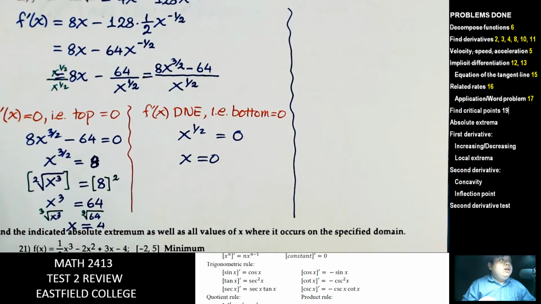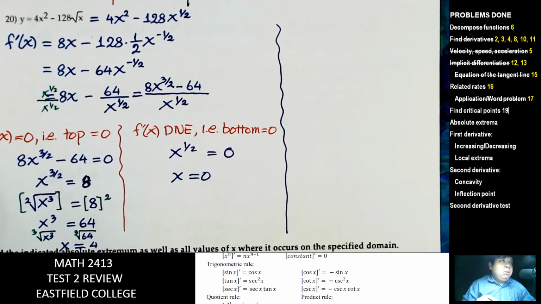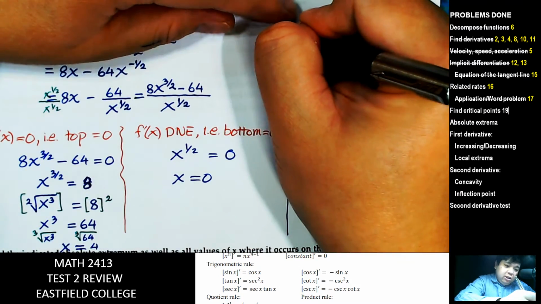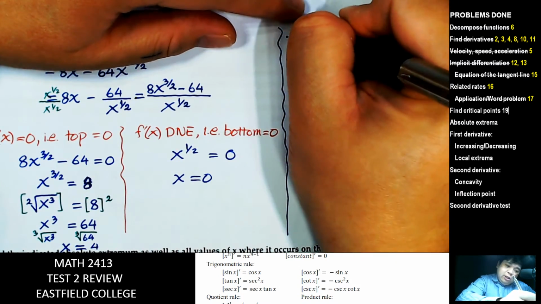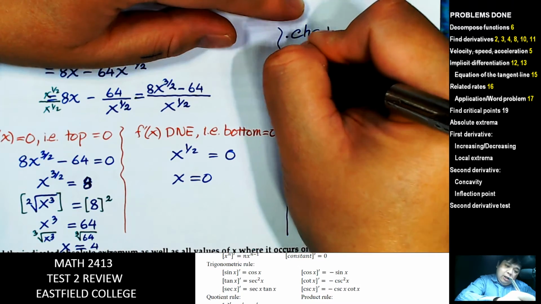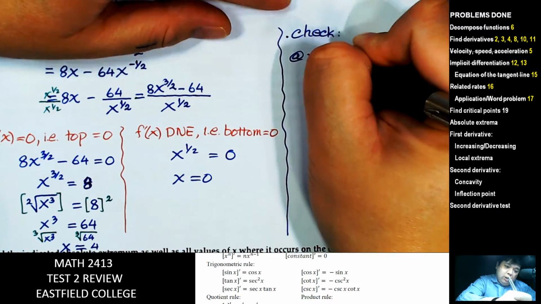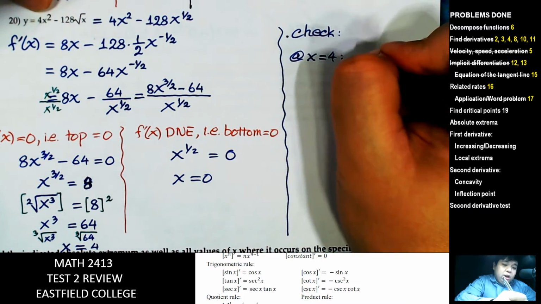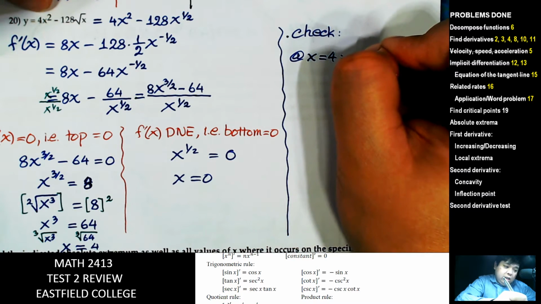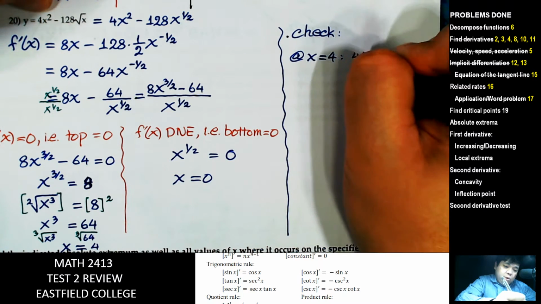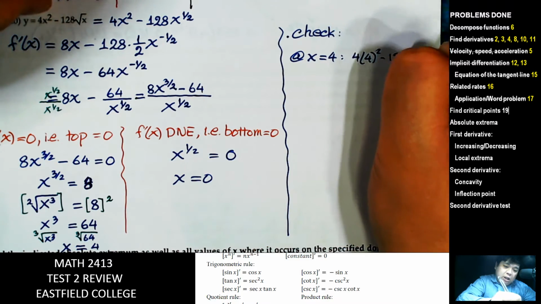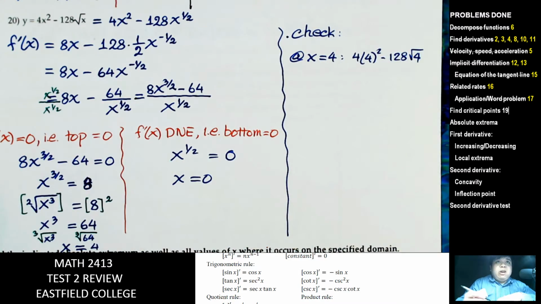And finally, we need to check to make sure that both of them are defined. So check at x equal to 4. We put 4 in the original function: 4 squared minus 128 square root of 4. So this is perfectly fine.